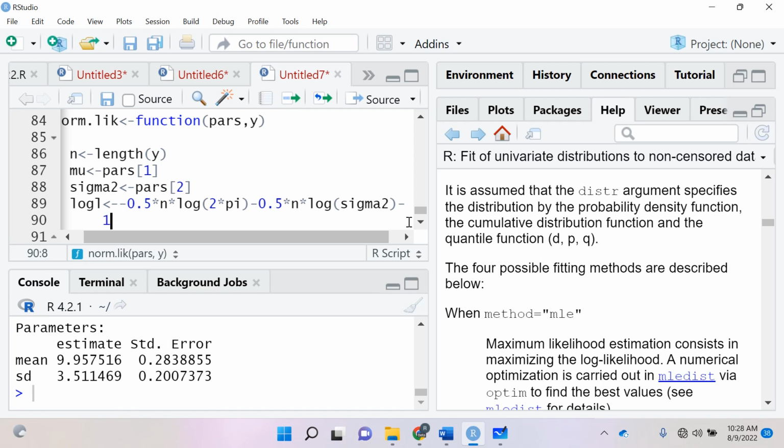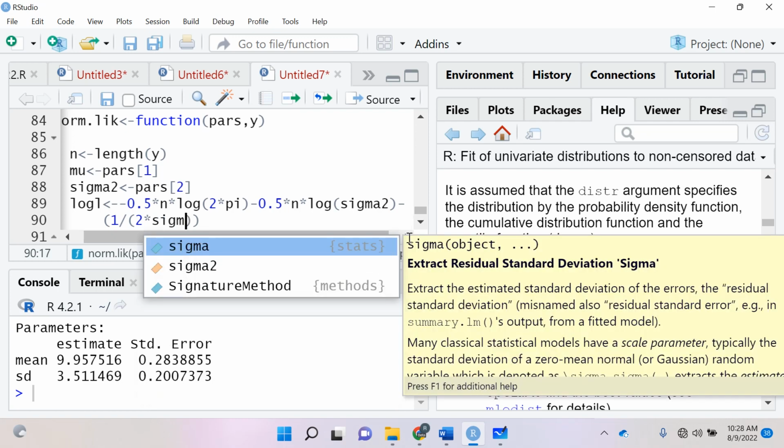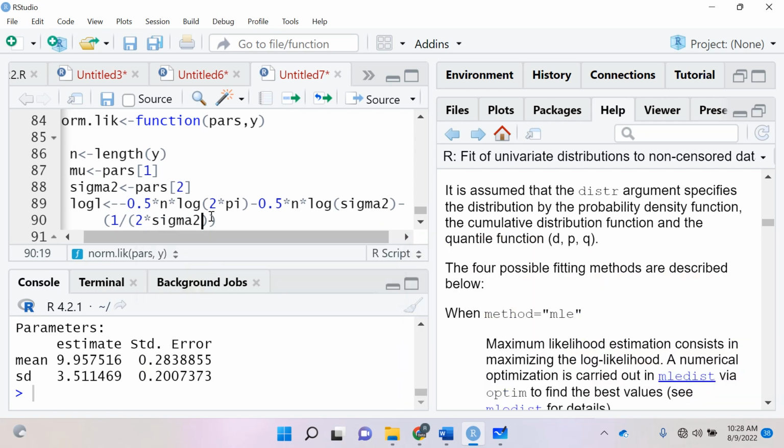And this one I need a fraction, so it's okay to do this. So 1 over 2 times sigma 2. Then we multiply it by the sum of x minus mu, and then all squared. So that's it for our log likelihood function.